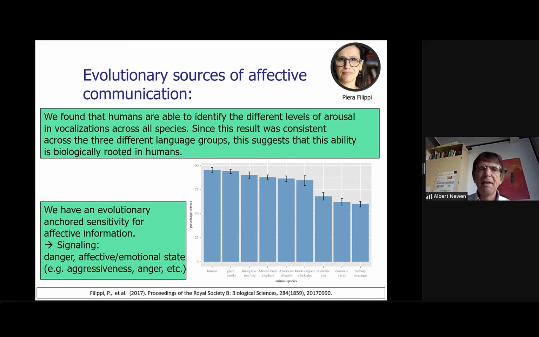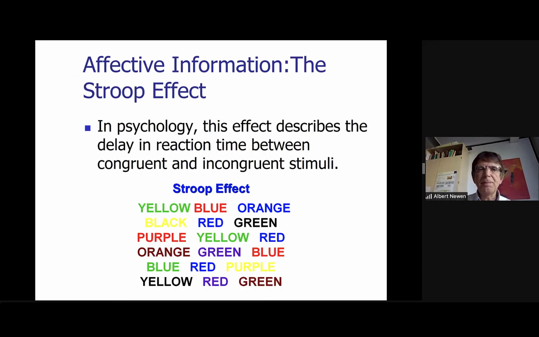but I think we are never losing this aspect of informational signals. To prove that, we have a look at a specific Stroop effect. I think it's well known to everyone. First, I just remind you about the Stroop effect.